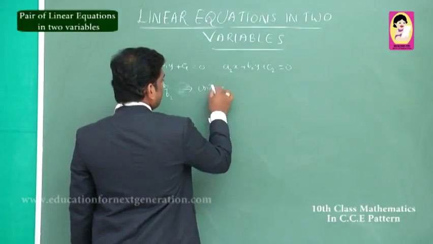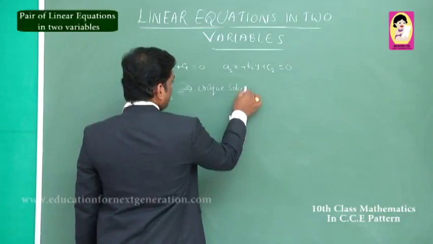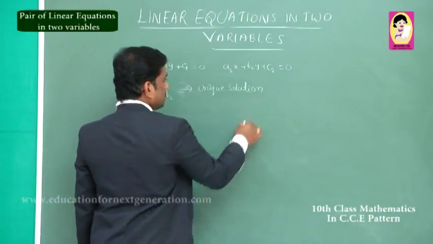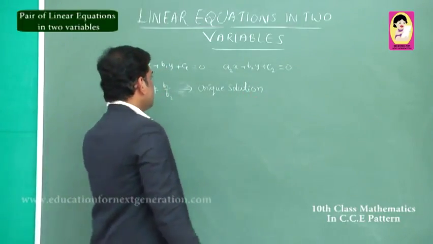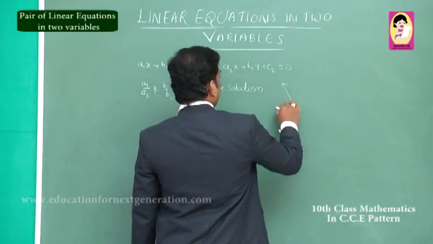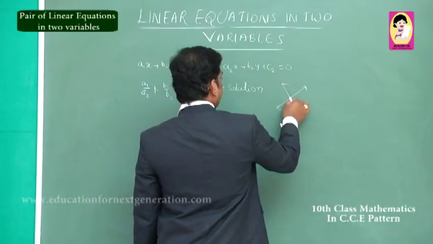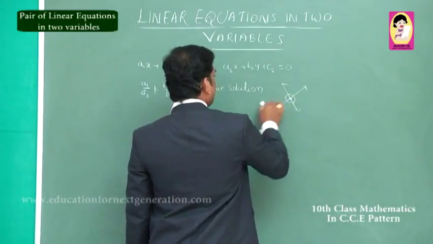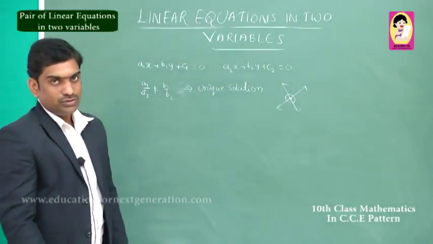What is the meaning of unique solution? If we draw the graph for these two lines, they will intersect at only one point. That is the meaning of unique solution.